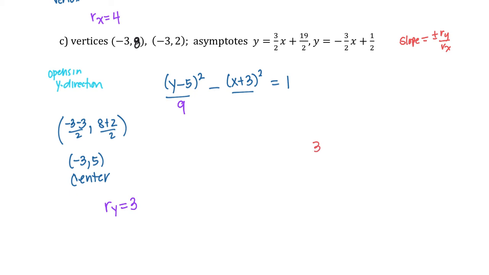The slope is 3 halves, and this is going to equal ry over rx. I know the ry is 3. This is kind of a 1-to-1, so I can tell that the rx is going to be 2. If it was not that obvious, I might cross multiply. But either way, the rx is 2, so when I square that, I get 4.